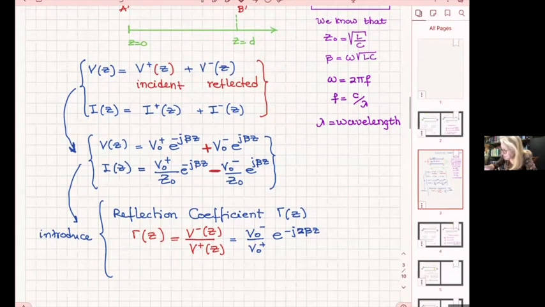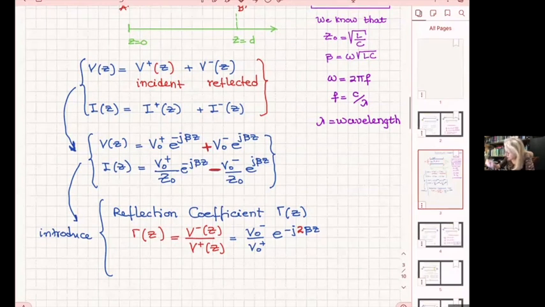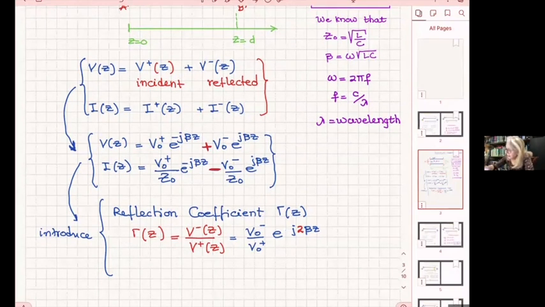I want you to remember the 2 because many students forget that. The 2 comes from the fact that we divide this one by this one. All right, and that's why we have 2 beta Z there.